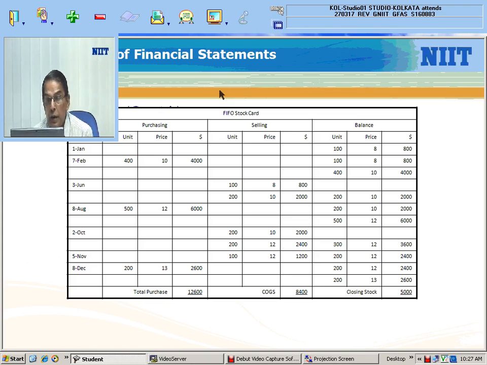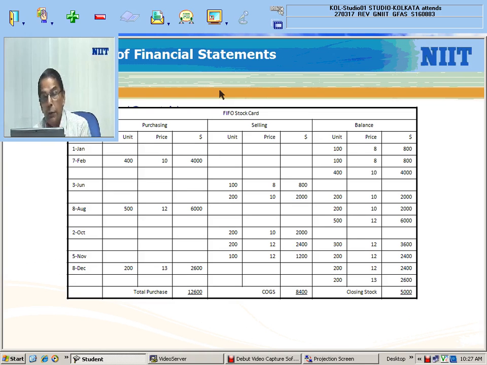On 2nd of October, the company sells 400 units. Now of these 400 units, because we are following the first in first out method, 200 units of 10 rupees have been sold, which are there from the purchase of 7th February, and the remaining 200 units from the purchase made on 8th of August.